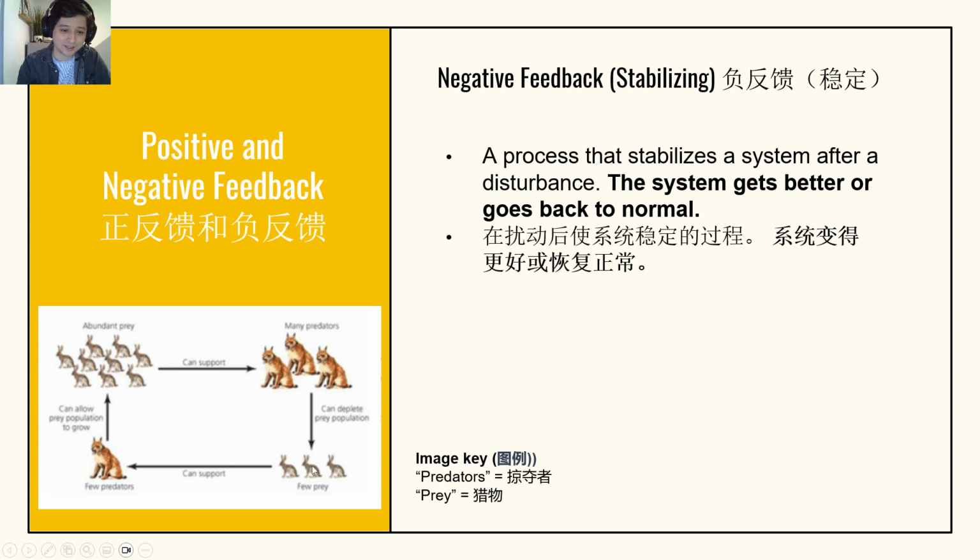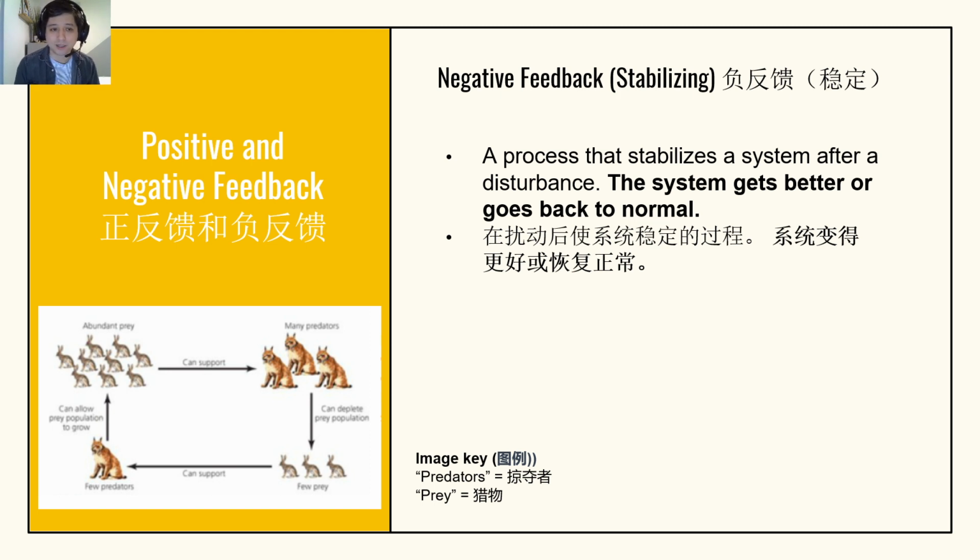That depletes the prey population, so now there's few prey. Well, if there's few prey, what happens? There can only be a few predators. When there's few predators, that allows the population of rabbits to grow. What ends up happening is the population numbers go up, they go down, they go up, they go down, but it's stable over the long term. It returns back to normal.